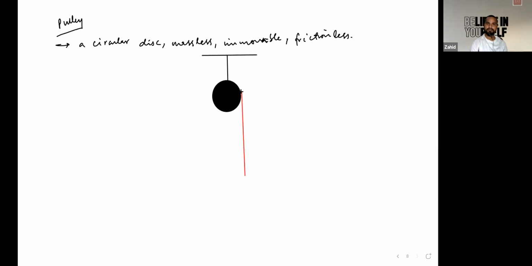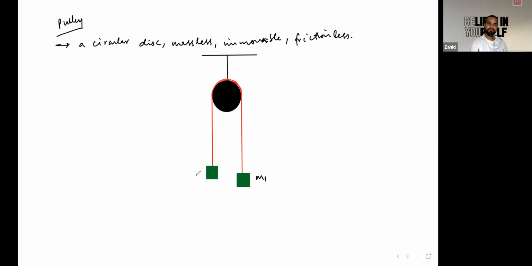A string is going over a pulley. Let's say you have a block like this and another block like this, having different masses.